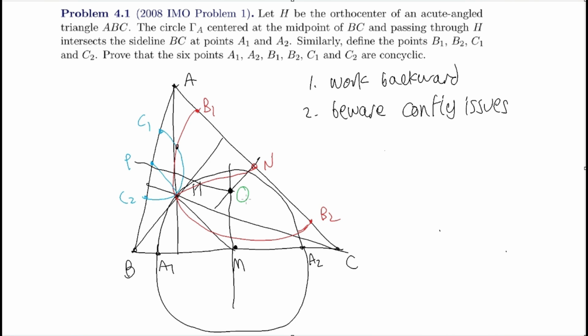Another solution is, assuming that all 3 circles are distinct, to try using radical axes on all of them and see what you get. Like, try using the radical center on B1, B2, C1, C2, and C1, C2, A1, A2, and A1, A2, B1, B2. Try using radical axes on all of these circles and use the radical center theorem. And if you get something weird, that means that you got a contradiction.